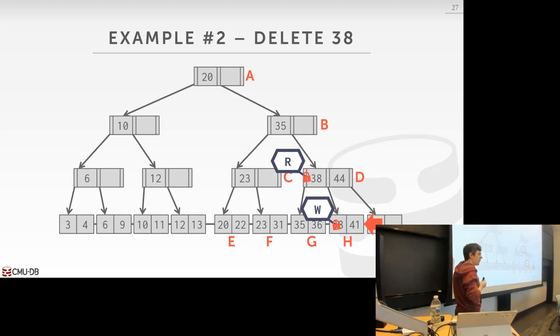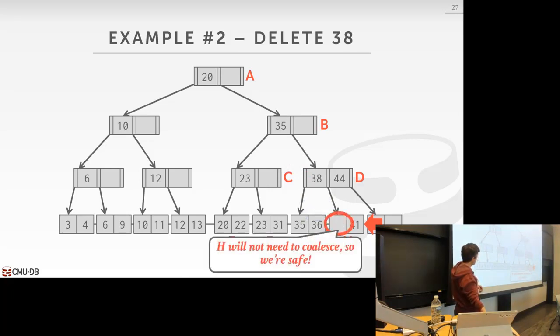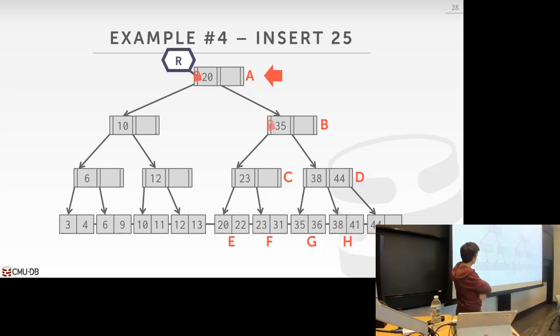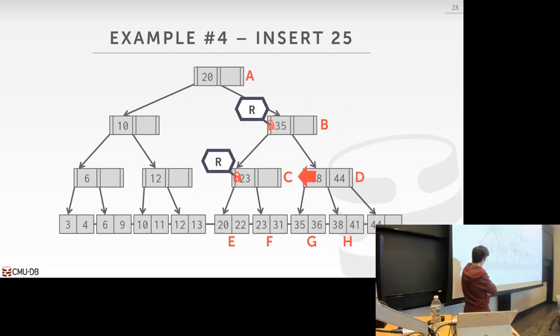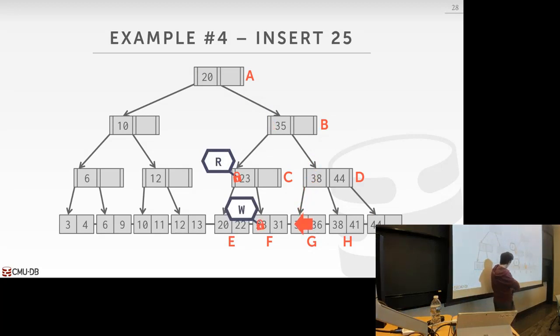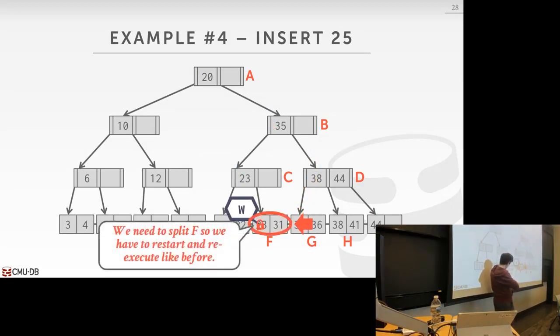Yes? When you're inserting 25, and you get down to the bottom and you hold the read latch on the leaf node. The question is, in this example here, when I got down here and took the write latch on F to do the insert, and I recognized, oh, I got a split, therefore I need the write latch on this, and I don't have it, so I have to restart, do you just hold this the whole time?